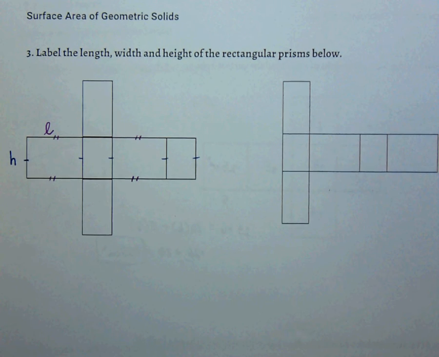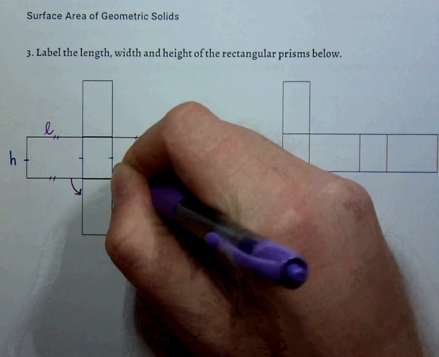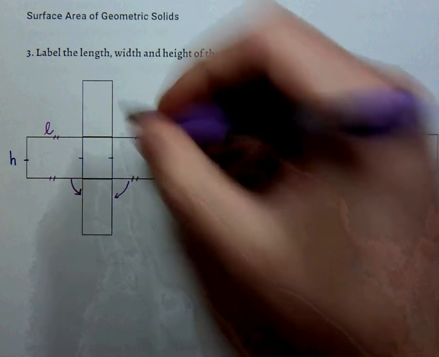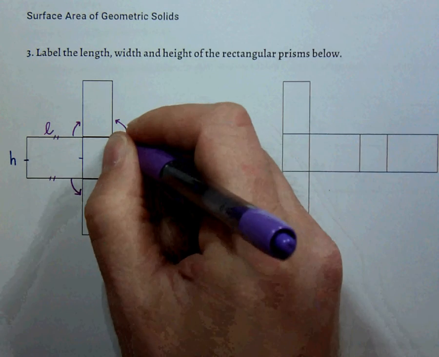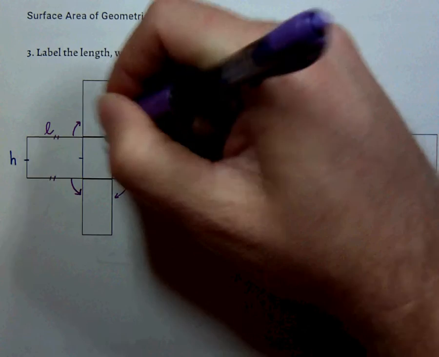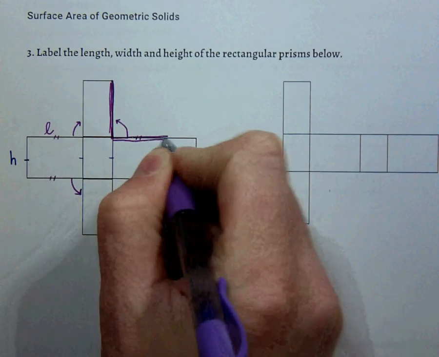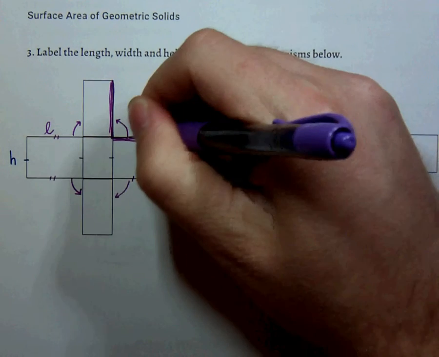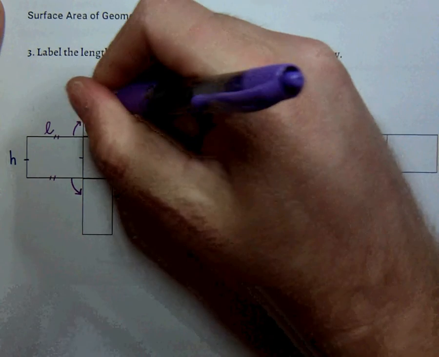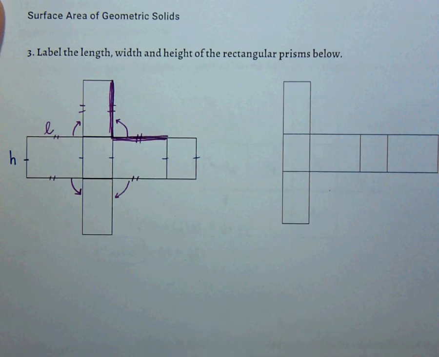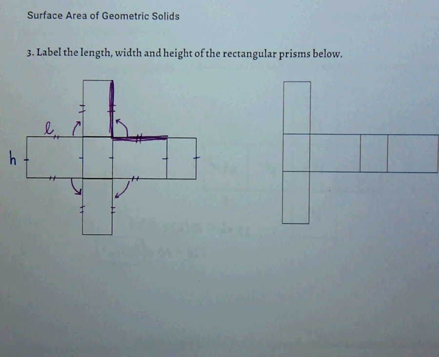And another thing is with the, I'm going to call these wings. With the wings, if I fold this prism up, this side right here is this side. So these are the exact same side if I were to fold my prism up. So that means that these right here are the same length as well, which means that these right here are the same length. So it's kind of like a big circle there.